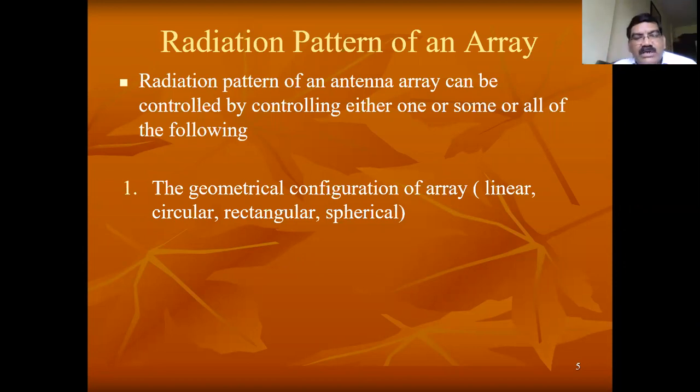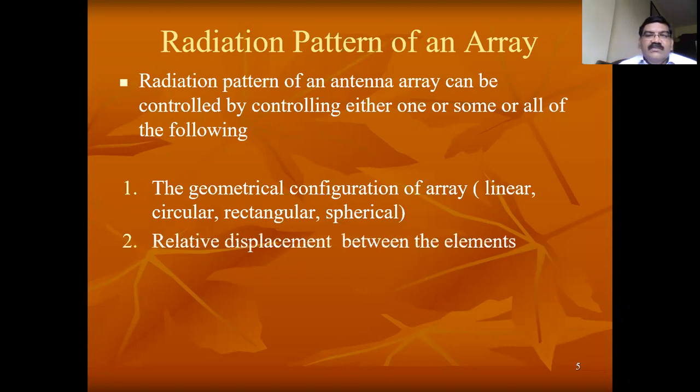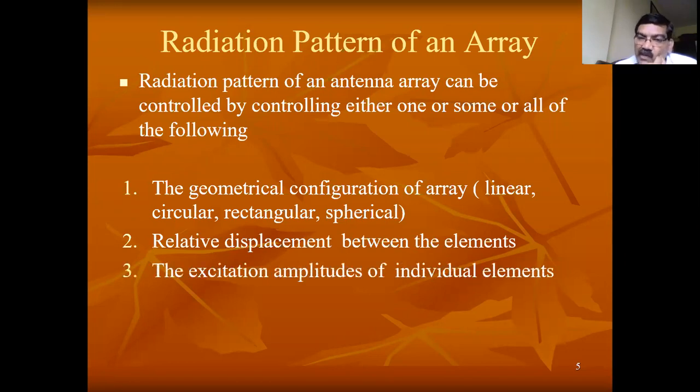These are the multiple ways, the geometrical configurations of putting the elements. These are some examples, not necessarily only these four. Then the relative displacement between the elements, that is the distance between each element. That is also an important parameter. Then the excitation amplitude of the individual element.